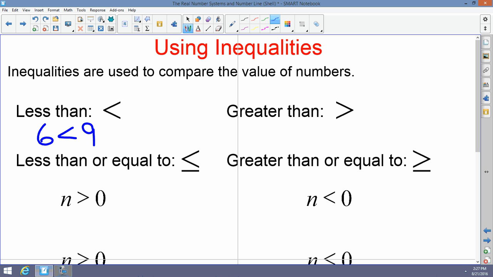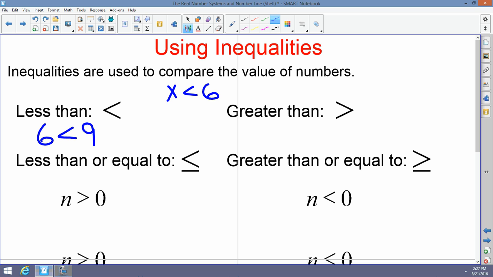Just make sure that you're really focusing on the inequality. When you're dealing with variables and numbers, which we will deal with in great detail later, when you have a variable and an inequality and a number, you're reading from the variable alone. So for example, if I say x is less than 6, you read it x is less than 6.